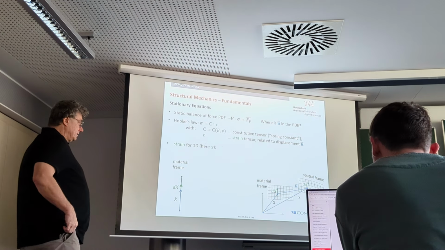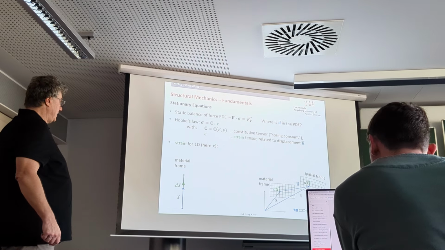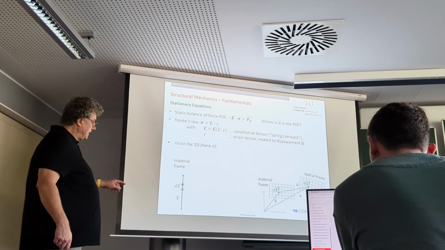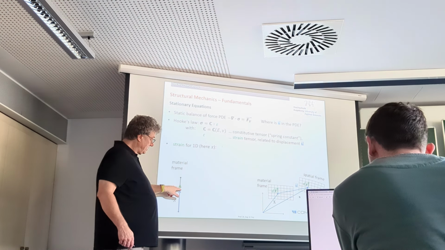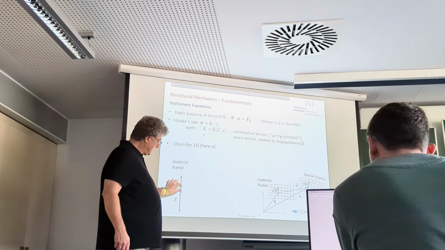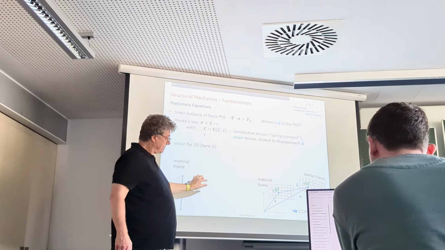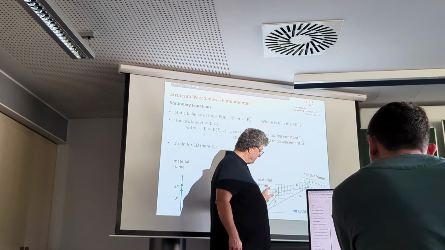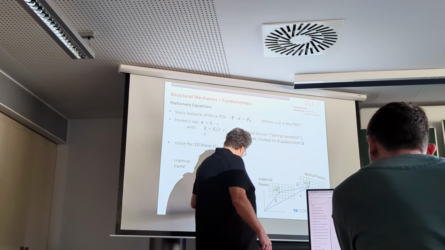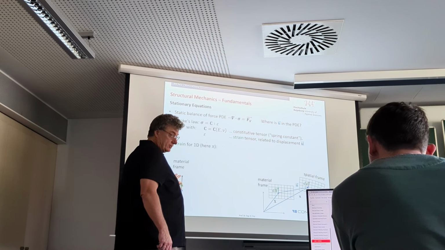This is the material frame, the undeformed, before applying a force. And at that particular point here, I consider a little piece of material which extends dX, d capital X. You see, there's already a difference. Here in the 1D case, the coordinate direction is aligned with the particular element of the rod.